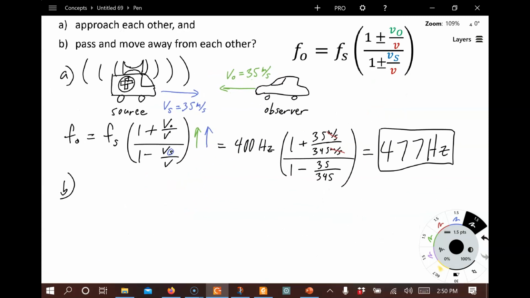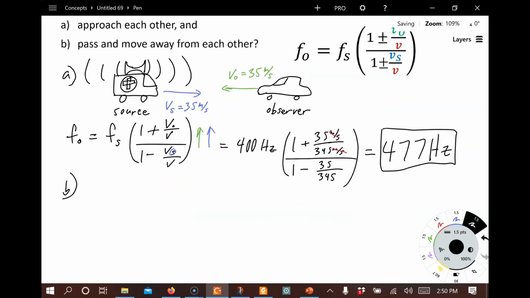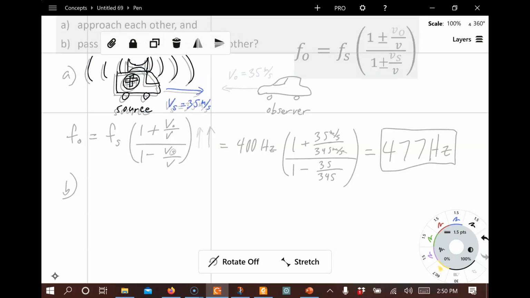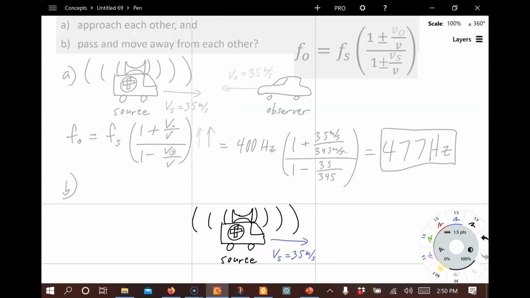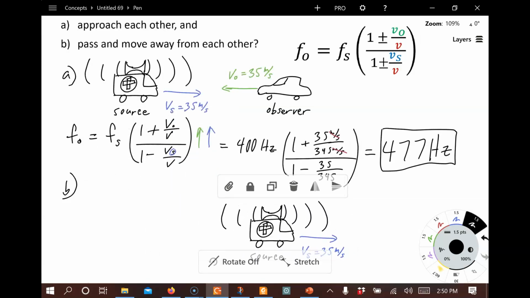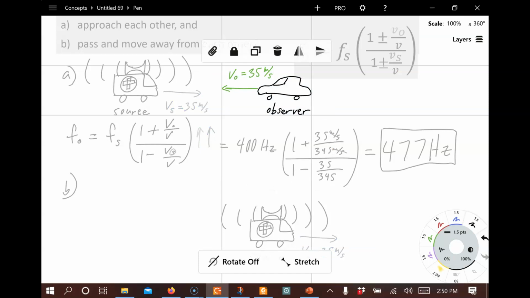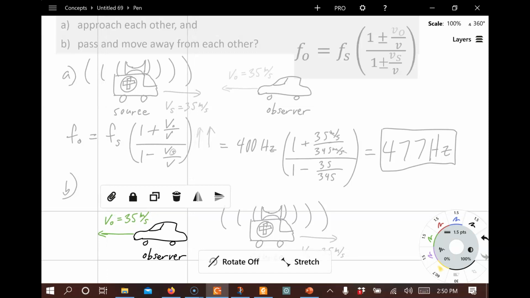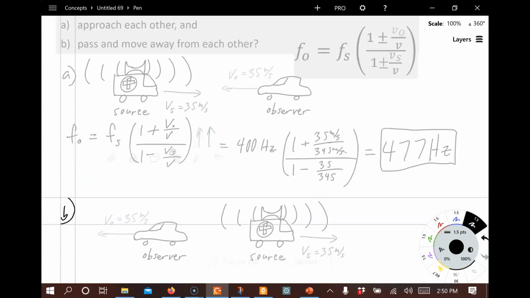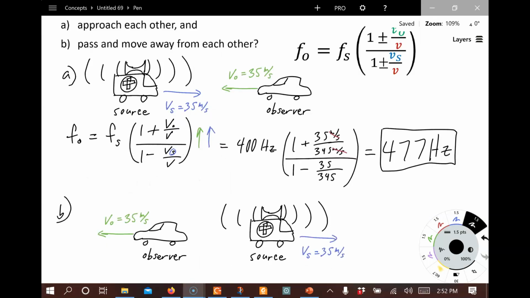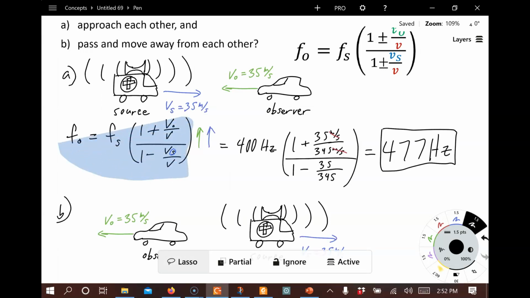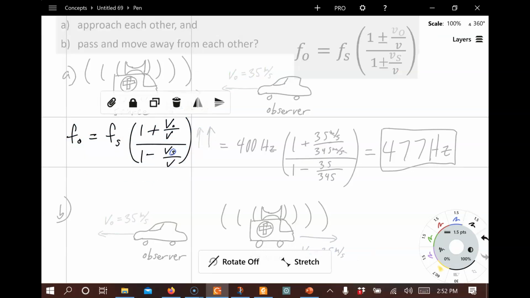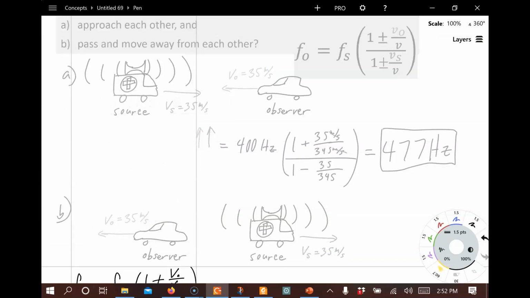Part B is going to be after they've passed each other and then they're moving away. So if we can go ahead and just take our same picture again. In this case now, this guy's moving away over there. And this guy is moving the opposite direction. So for part B, we're going to use the same equation again, but this time we need to repick the plus and minus signs here.